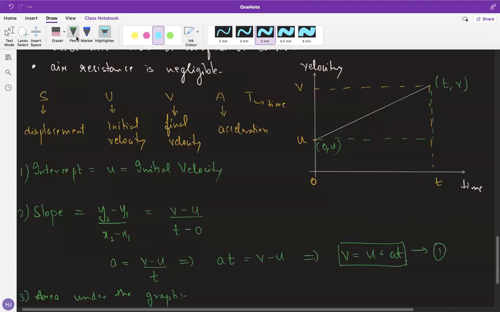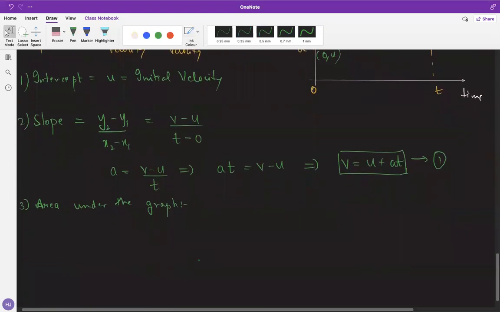So area under the graph can be two possibilities. One, we know that area is equal to displacement, which we are already aware of because it's the velocity versus time graph. But I'll give you some more evidence of why it is displacement. So area is the same as the area of a trapezium.